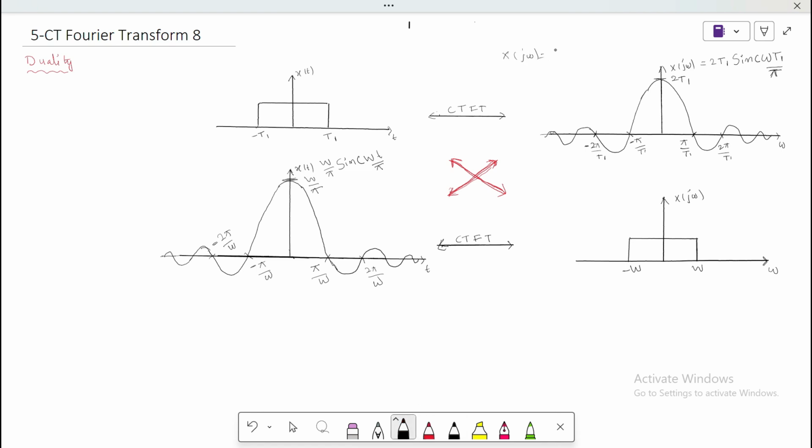X of j omega formula equals 2 sin omega T1 by omega. Here this x of t formula equals sin wt by pi t. I remember these formulas.